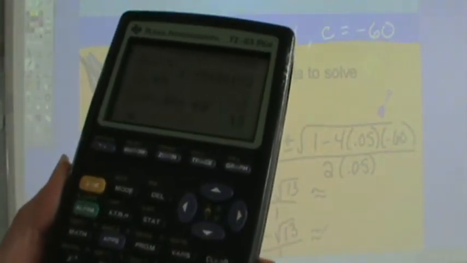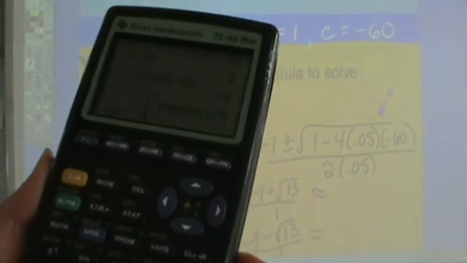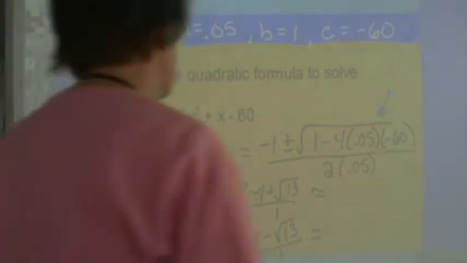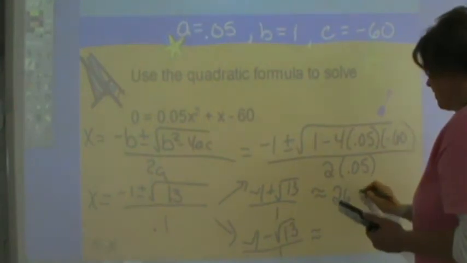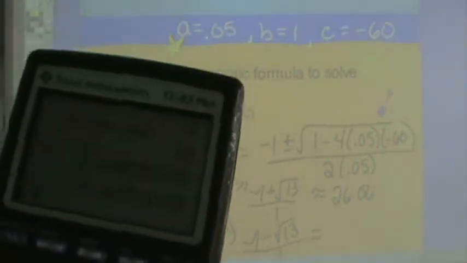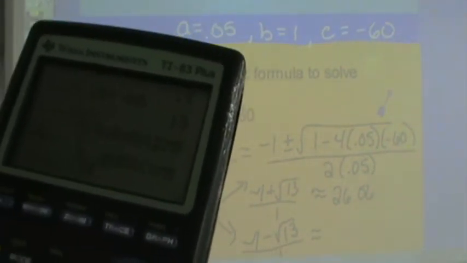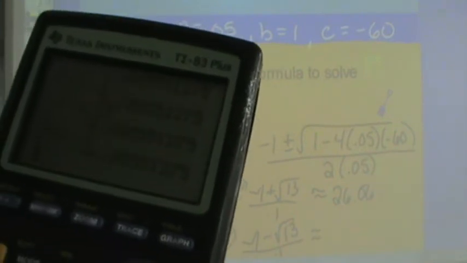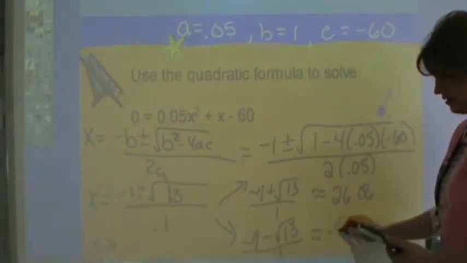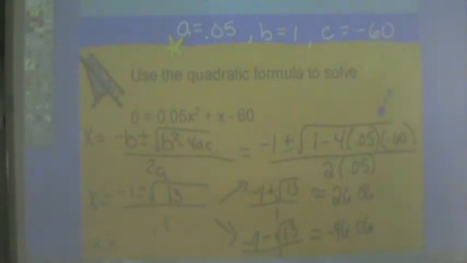Negative 1 plus the square root of 13, divide that by 0.1, gets me about 26.06. Then we'll do negative 1 minus the square root of 13 and divide that by 0.1. So about negative 46.06. That would be a fun one to graph.